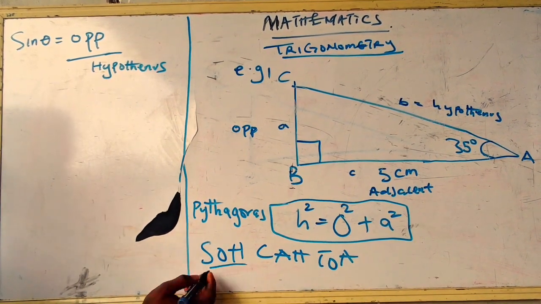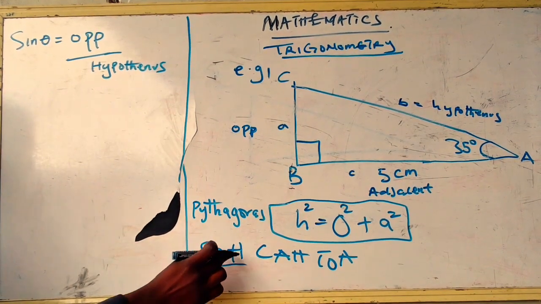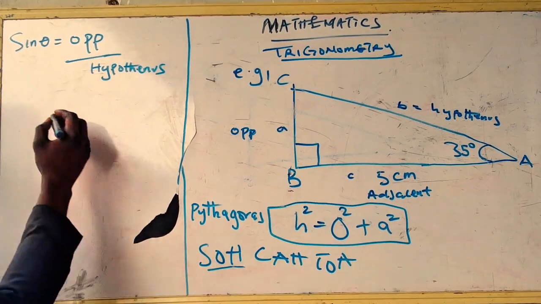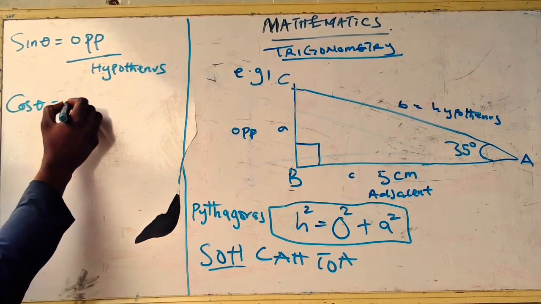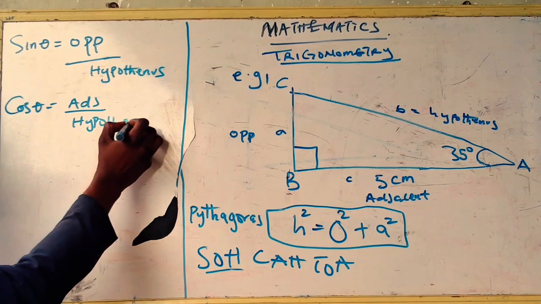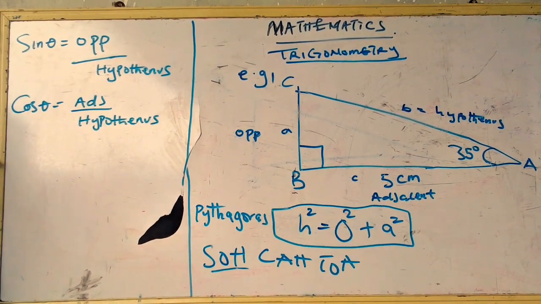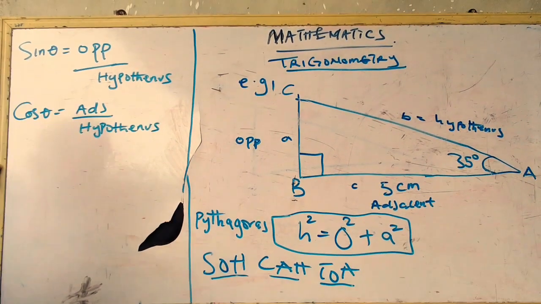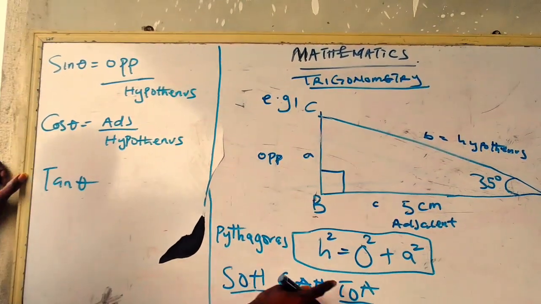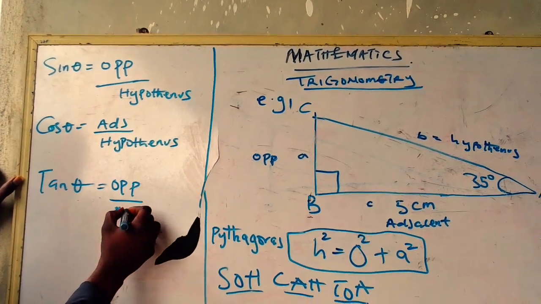So SOH means sine theta equals opposite over hypotenuse. CAH means cos theta equals adjacent over hypotenuse. Now, I hope you know we are making reference to the names of the sides of the right angle triangle. TOA means tan theta equals the opposite side of the triangle divided by the adjacent side.